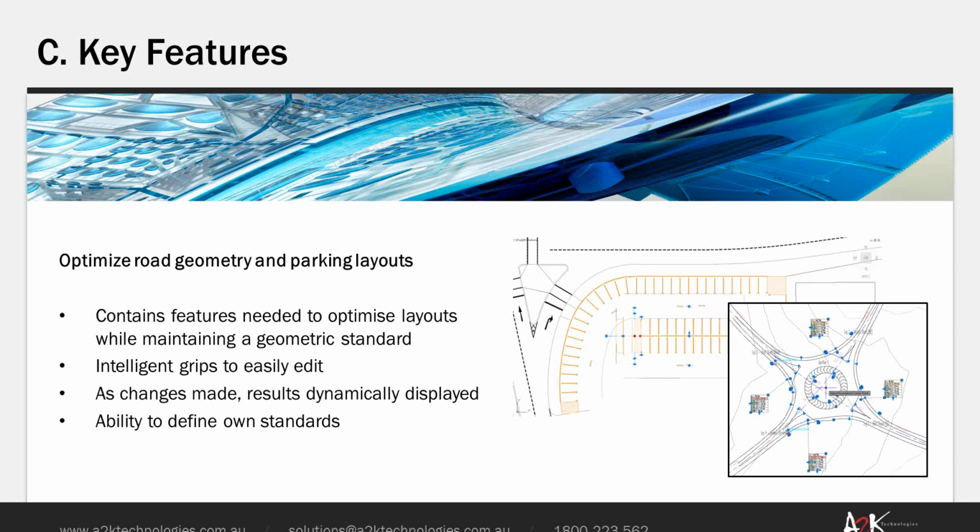And most importantly, the last bit here is the ability to define your own standards. There are some standards provided in the product. Depending on your region, if it doesn't exist, you can start with an existing standard and then modify that to suit.